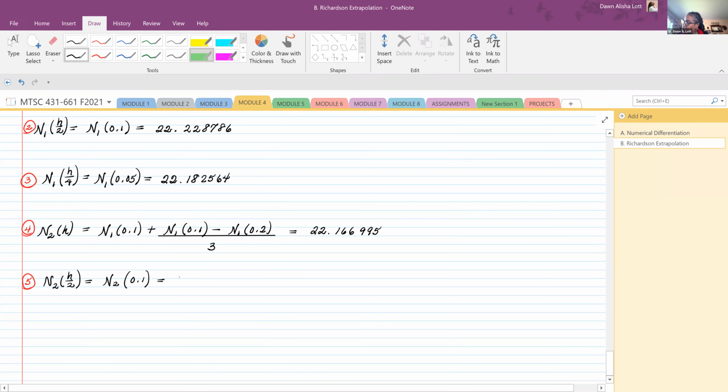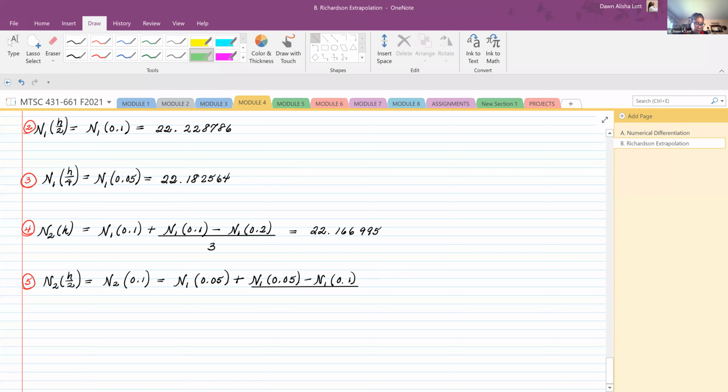So that's N1 of 0.1 over 2, or 0.05, plus N1 of 0.05 minus N1 of 0.1 divided by 3.